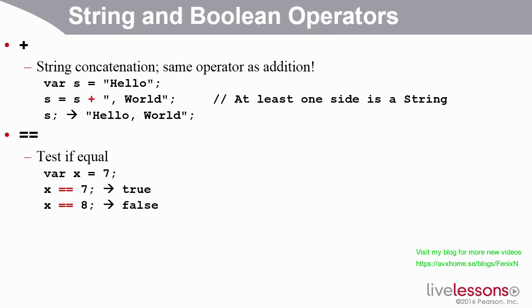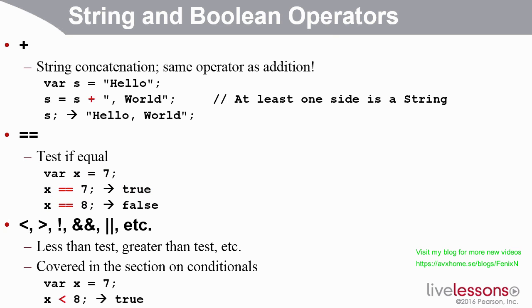And we'll revisit this a lot when we get to conditional operations. So if x is equal to 7, and I say, is x equal to 7? It says yes. If I say, is x equal to 8? It says no.